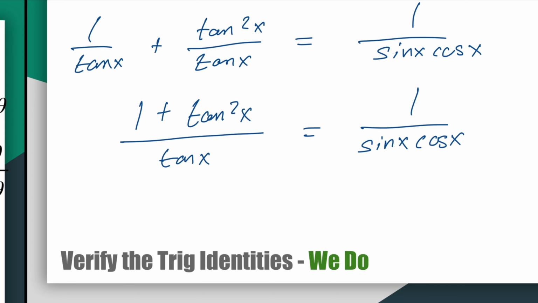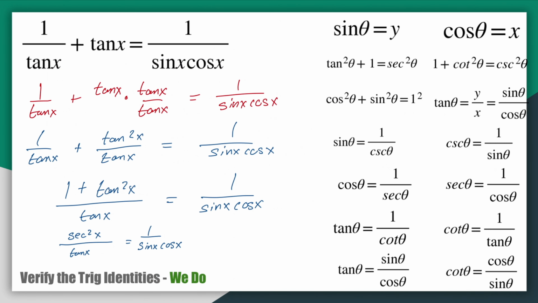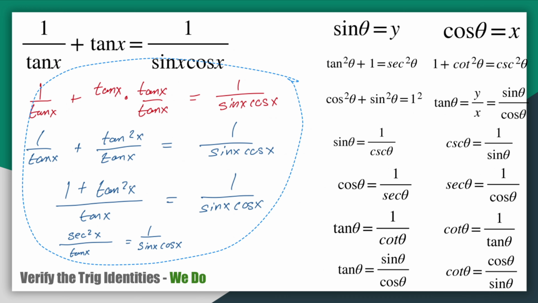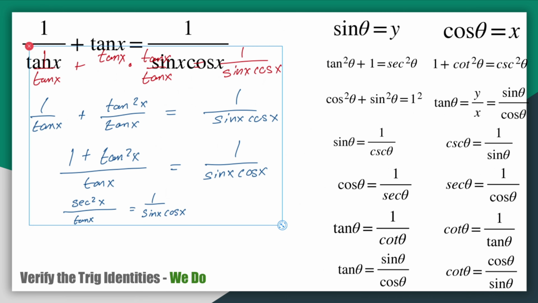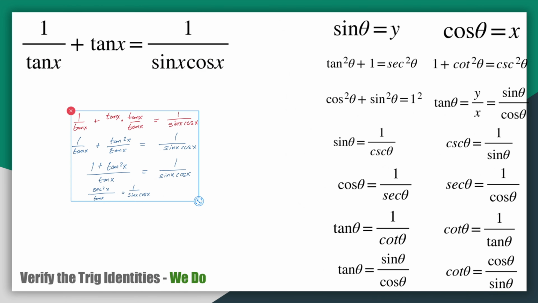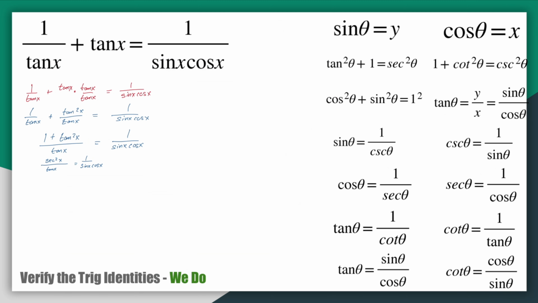So we first said it could be secant squared x over tan x is equal to 1 over sine x cosine x, okay? And I am running out of space. Let's fix that. Let's see, resize, there we go.